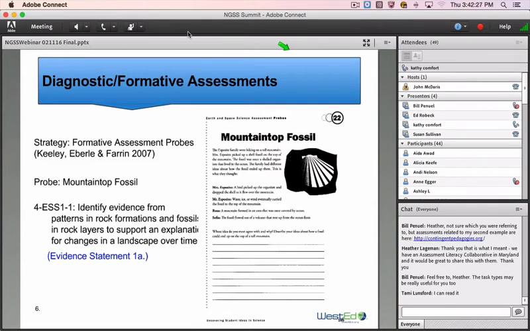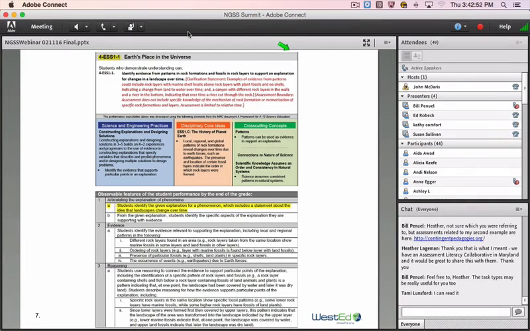Describe your ideas about how a fossil could end up on the top of a tall mountain. Now, the performance expectation is integrating the core idea, practice, and the cross-cutting concept. This question does not get at everything in that performance expectation. It does address some of the information in the evidence statement. So this is the evidence statement for that performance expectation, here at the top.